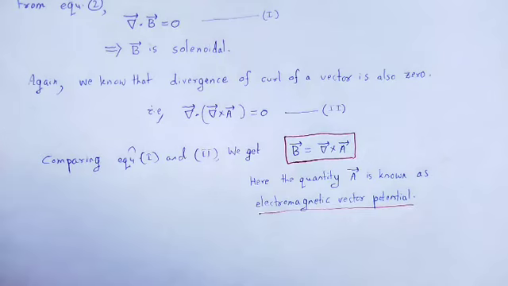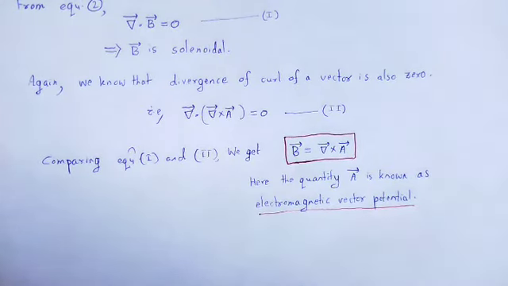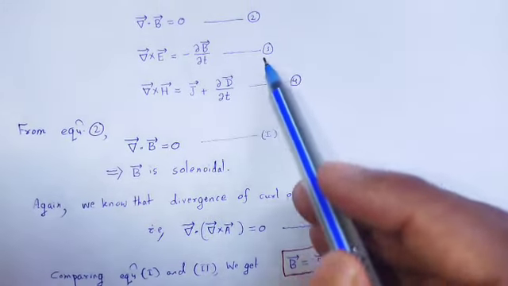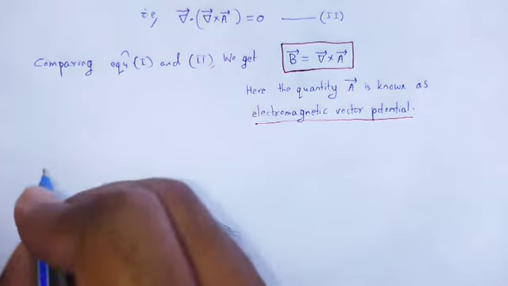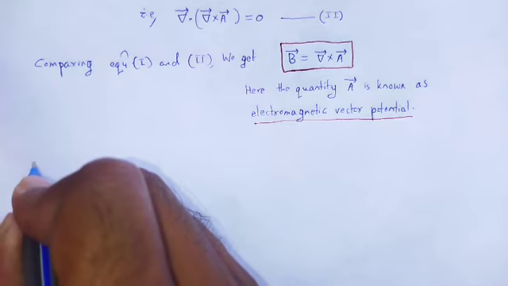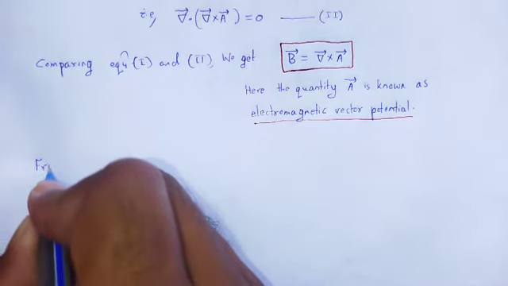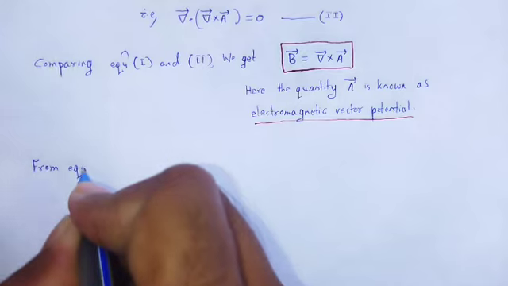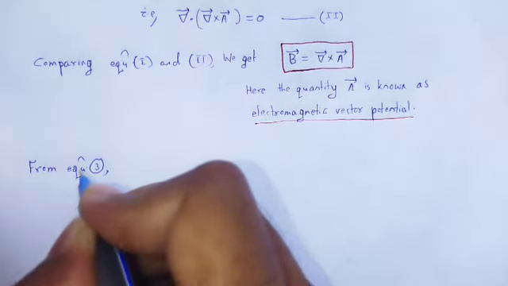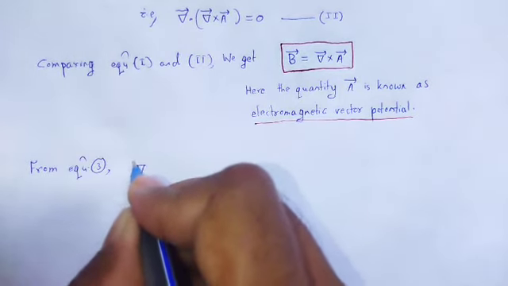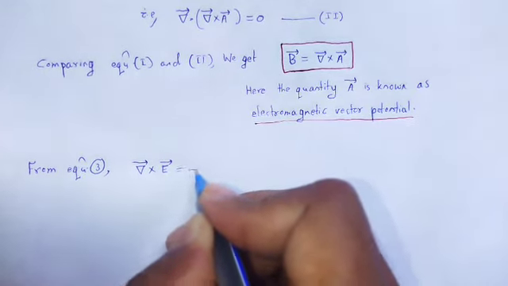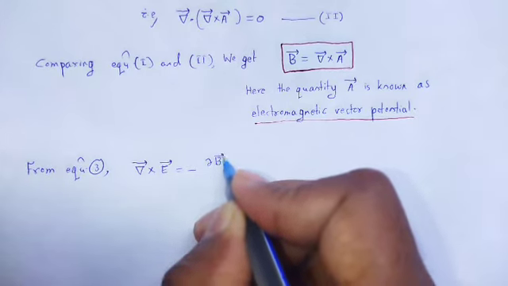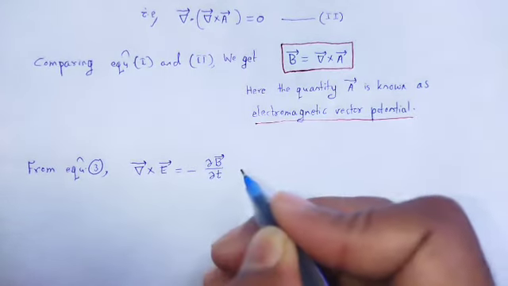Next, from equation number 3, that is grad cross E is equal to minus del B by del t.